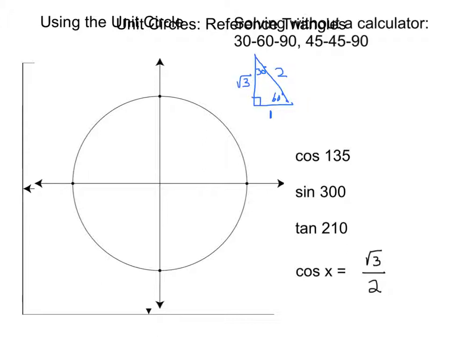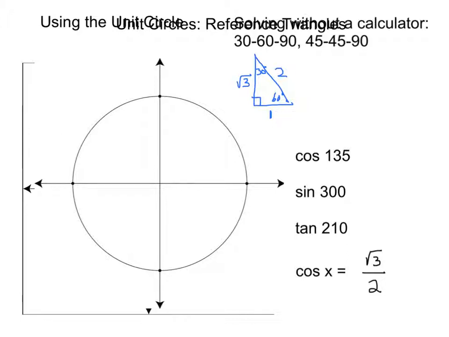So if you have a 30, 60, 90 right triangle, the short side is a number. You double it to get to the hypotenuse. You multiply by root 3 to get to the medium side. For our trig values on the unit circle, we really don't need all of those.